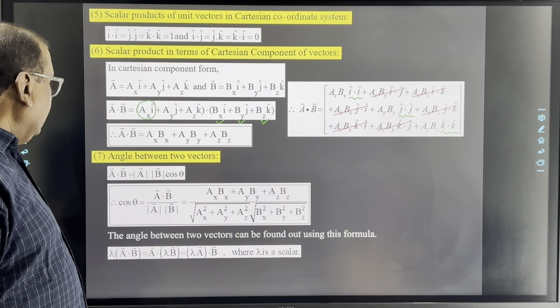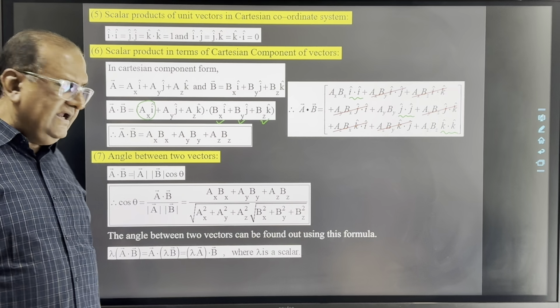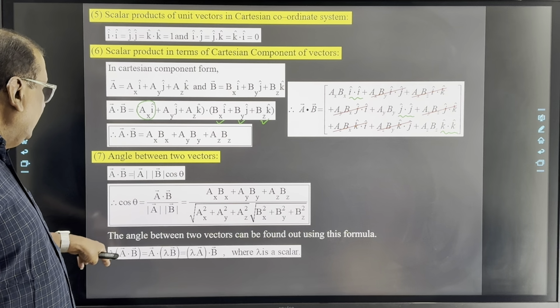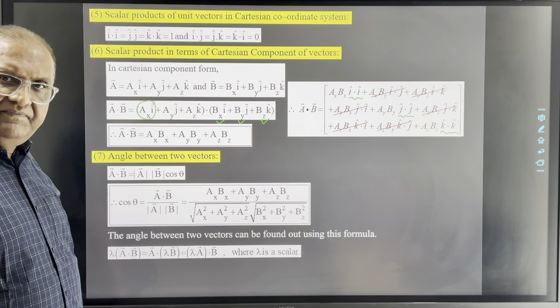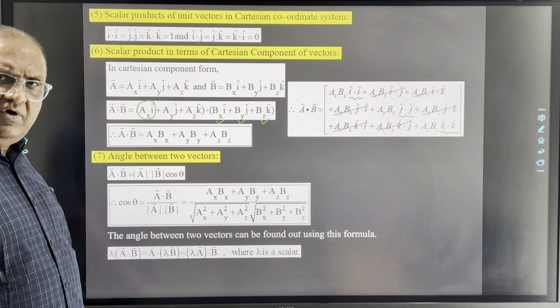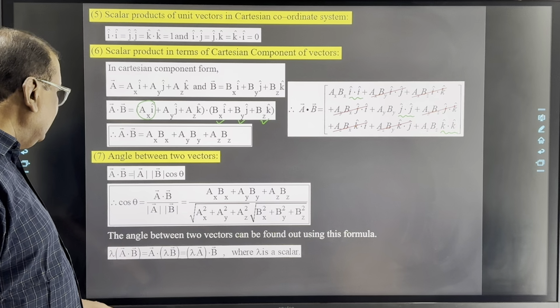Clear? Now, suppose we have any scalar quantity lambda, and we multiply it with A dot B. When lambda is a scalar quantity, you can simplify this type of problem simply like this.